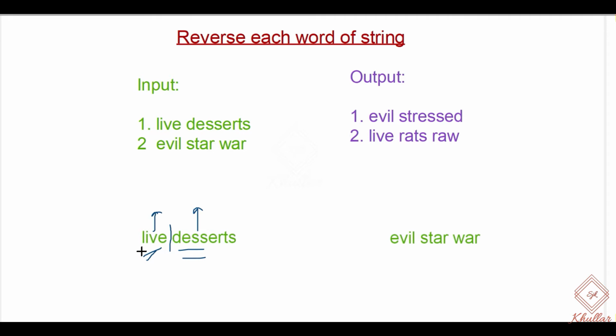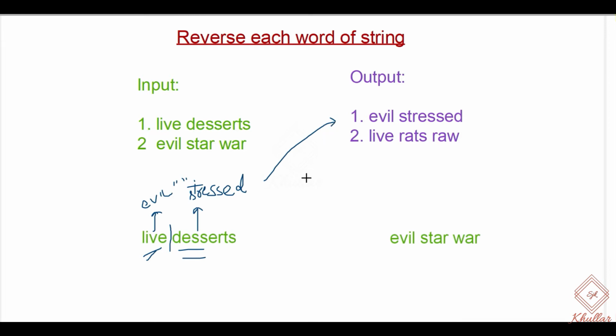And if we can reverse each word, if we reverse "live", then it would become "evil". And if we reverse "deserts", then it would become "stressed". And then ultimately we just join these two strings together using a space in between, and it should give us the result we are looking for.